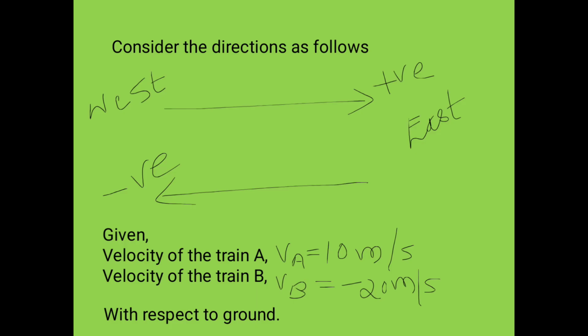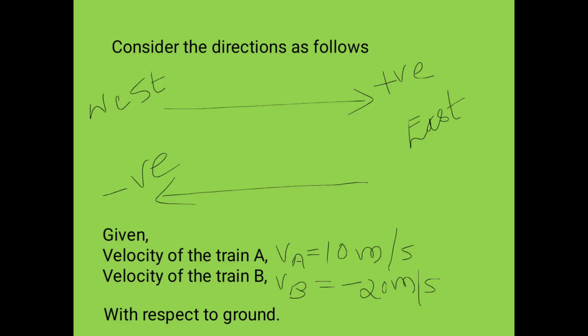Now, as we have to solve it, we have to consider the directions as follows. We will consider west to east direction as positive and east to west direction as negative. And what are the given things? Let us list them out.